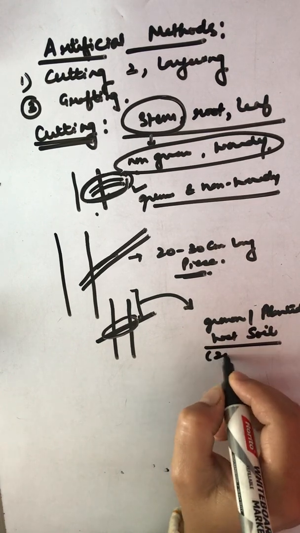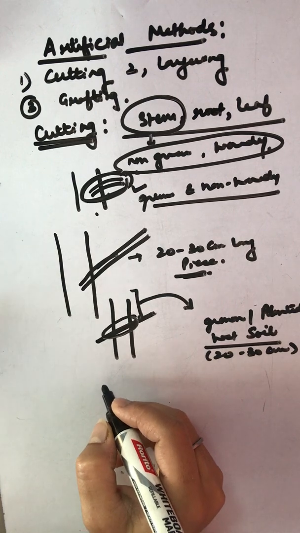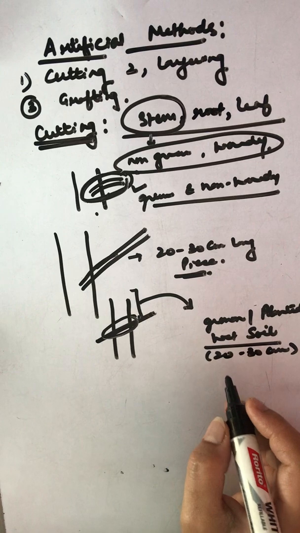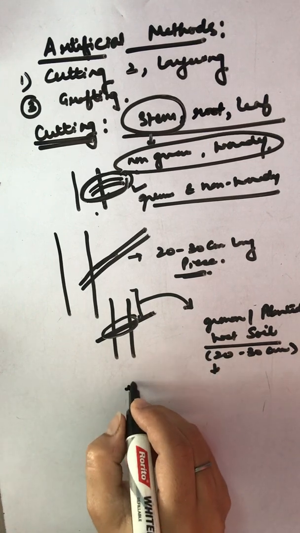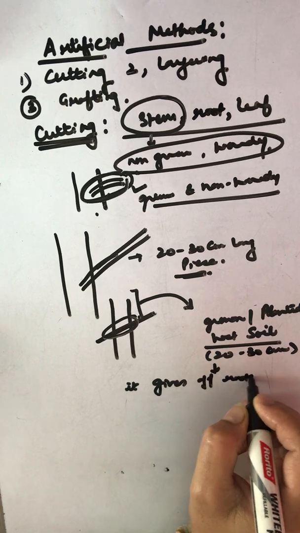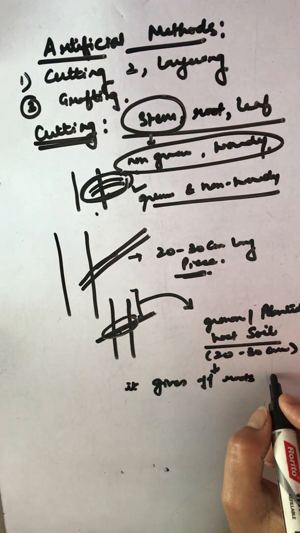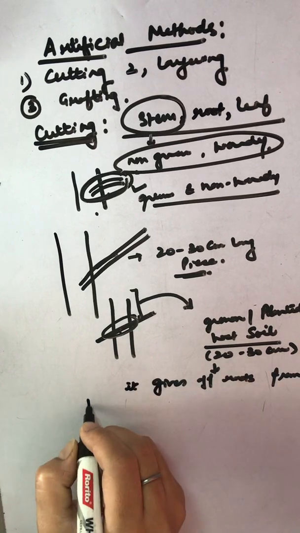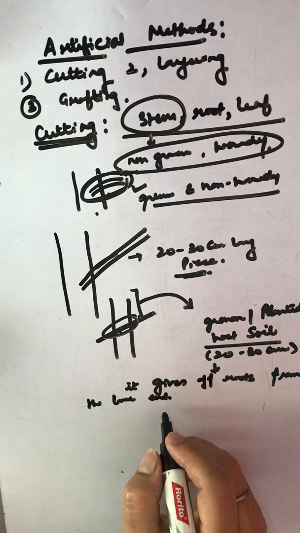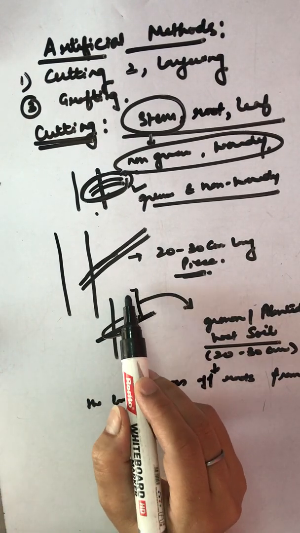It is planted always in upright position or natural position, and then it gives off roots from the lower end, which is planted in the ground, and shoot buds from the aerial nodes, that means the nodes which will come on the top.